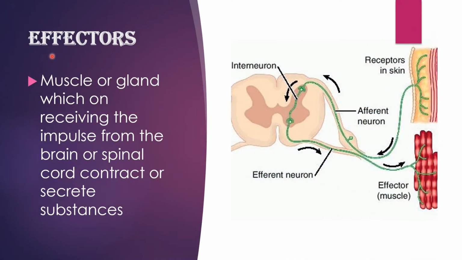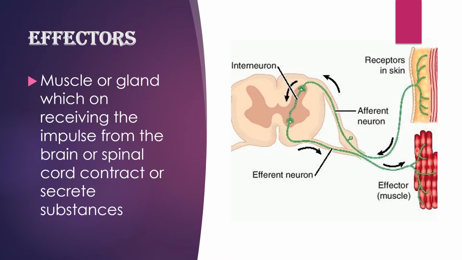The next important term, that is effectors. What is effectors? Muscle or gland. Here you can see effector muscle. Muscle or gland which receives the impulse from the brain or spinal cord, and it contracts or secretes substances.